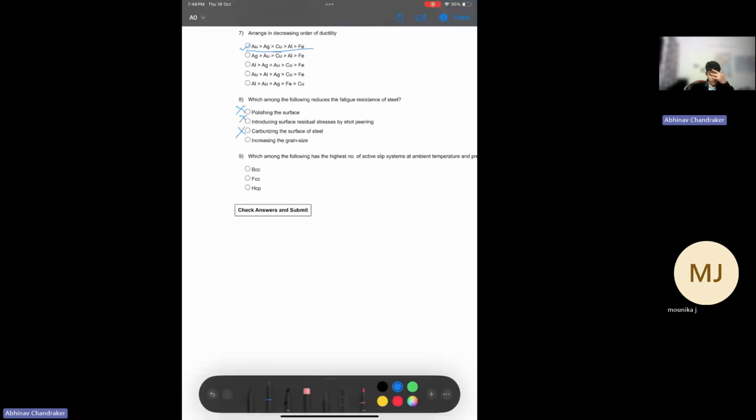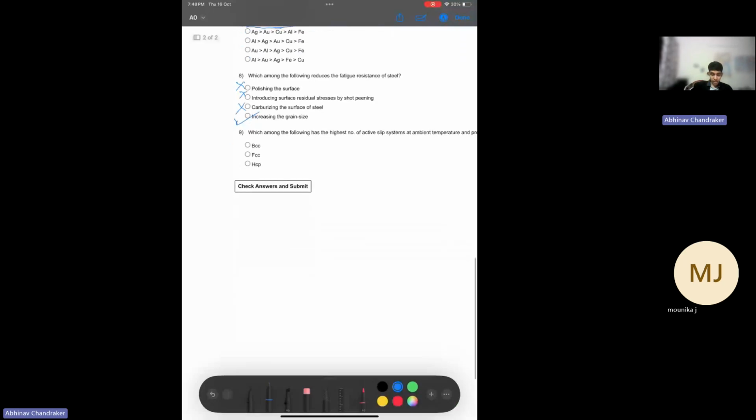If your grain size is higher, that is, there are fewer boundaries, it is much easier for dislocations to travel to the surface and form steps which can later act as flaws. So increasing the grain size will lead to a reduction in fatigue resistance because of fewer obstacles, and it's easier for microstructure evolution such as veins, PSB, and cell formation to occur in the larger grain size material than in the smaller grain size material. That is also one way of understanding this.